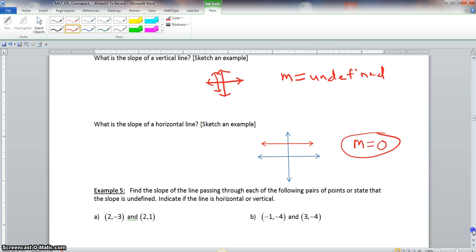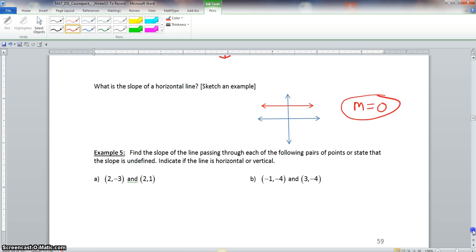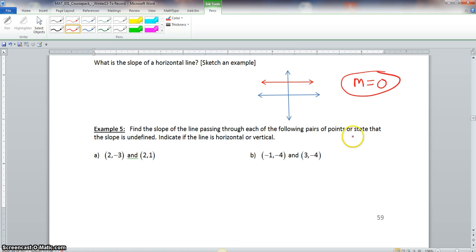Okay, now we go here. It says, find the slope of the line passing through each of the following pairs of points or state that the slope is undefined. Indicate if the line is horizontal or vertical. Now we would take this. We would have our slope is equal to, now we know it's supposed to be y sub 2 minus y sub 1 divided by x sub 2 minus x sub 1.